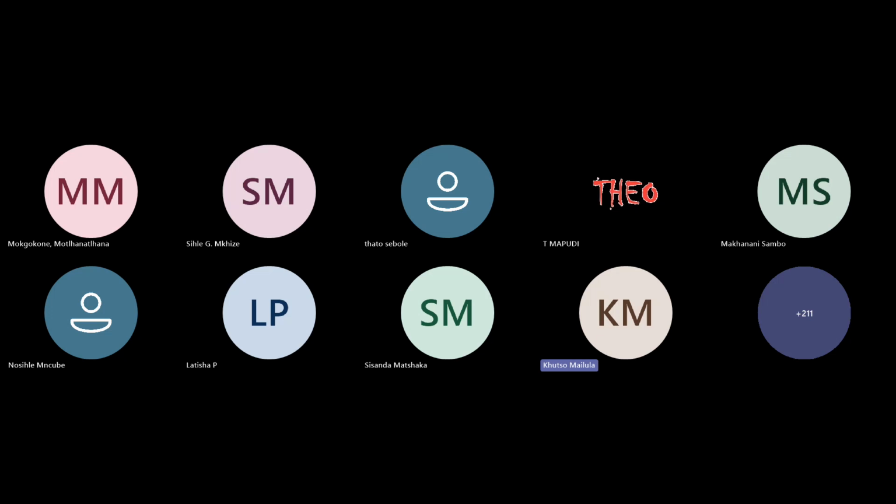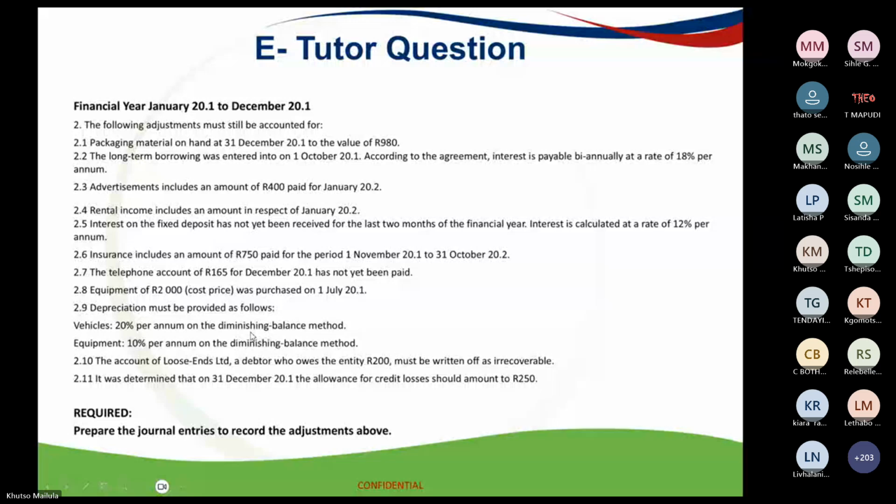What are the journals that they're giving us? One says credit insurance, debit prepaid expense. Then another is calculating the amount, 750 Rand divided by 12 times 10.